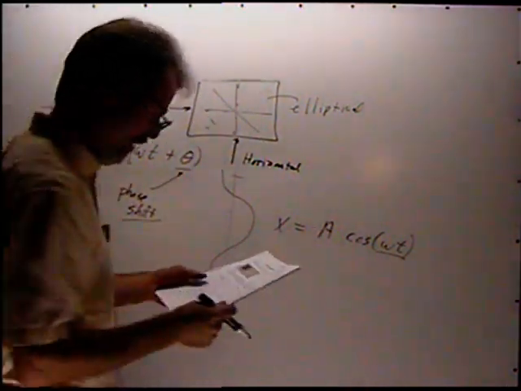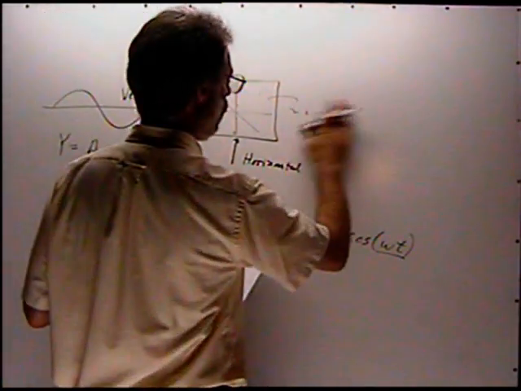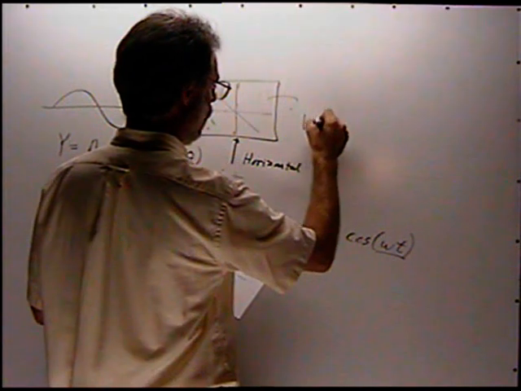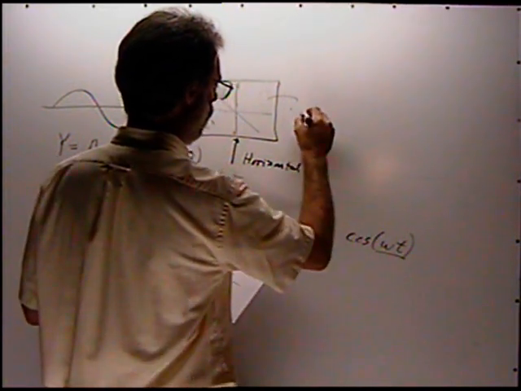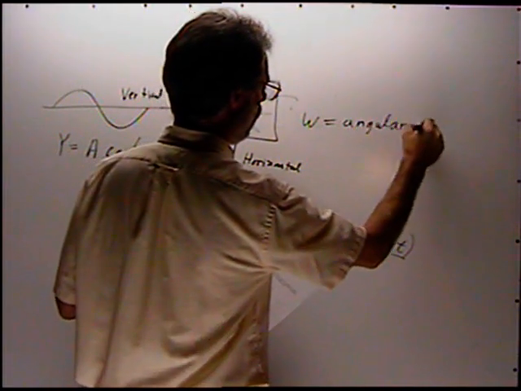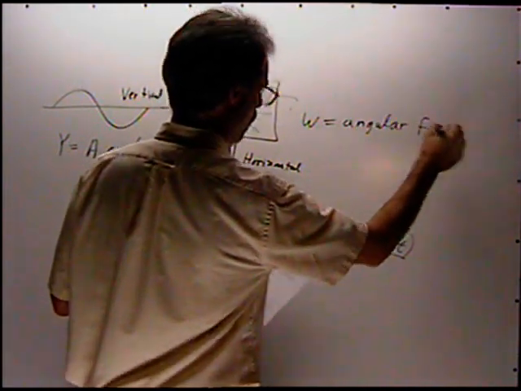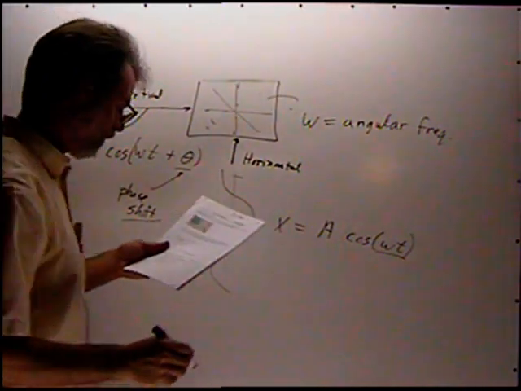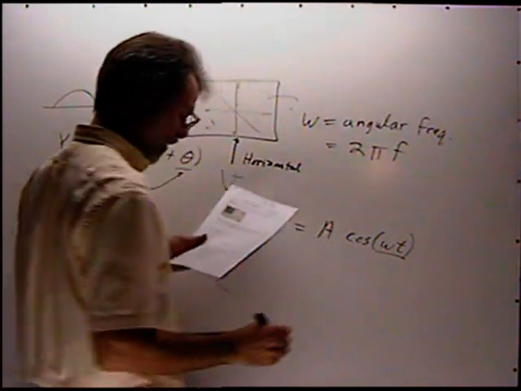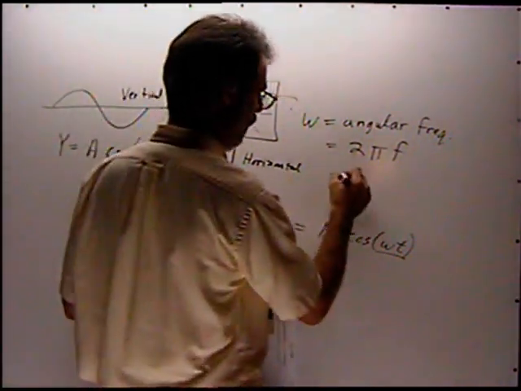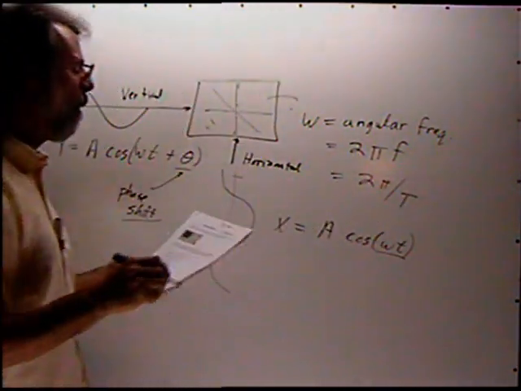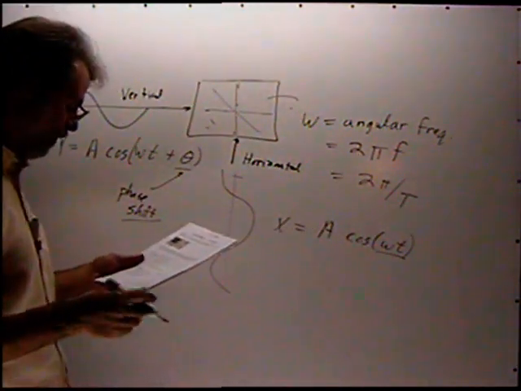Well, what is this omega t? Remember, omega here, I think we've had this before. Omega is called angular frequency. Okay, angular frequency. And remember, it's 2 pi f, or it's the same thing as 2 pi divided by the period. Okay.